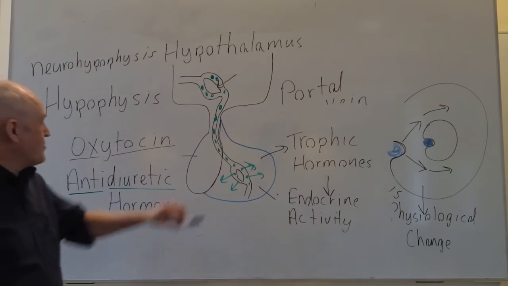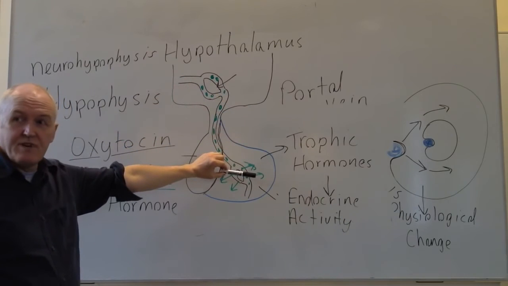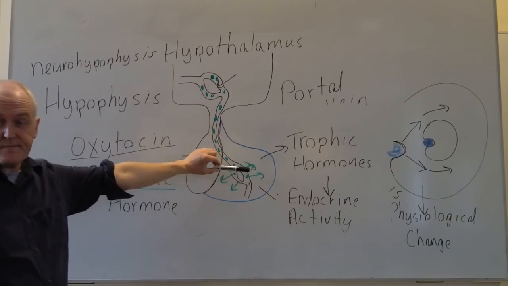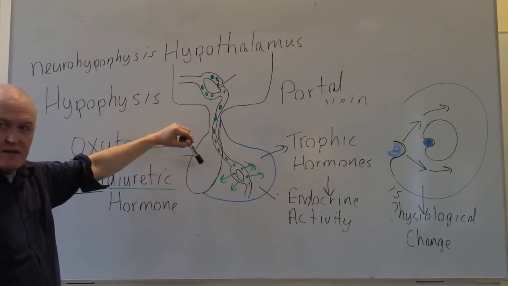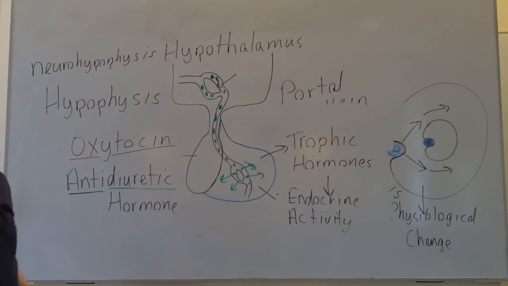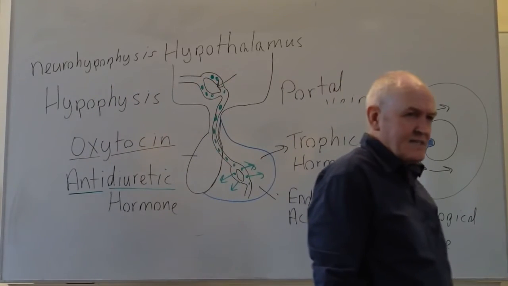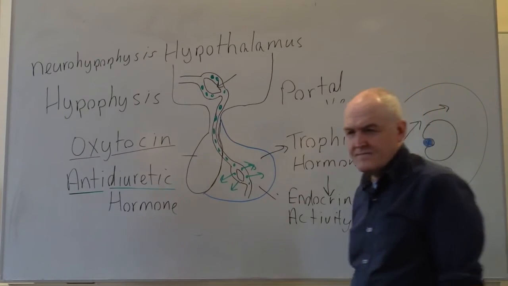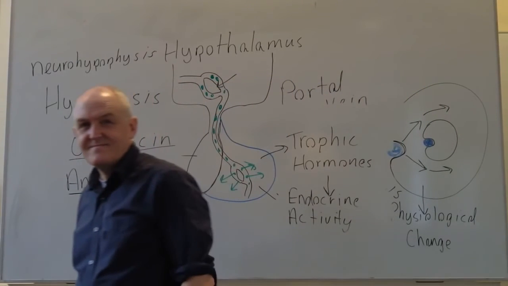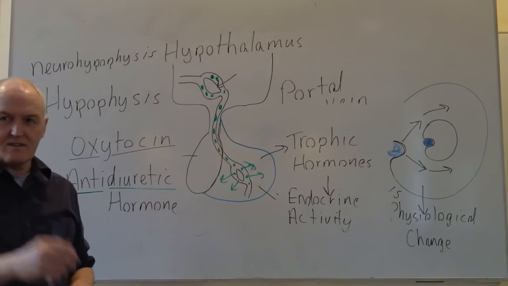And not only does the hypothalamus produce the releasing hormones that control the release of the trophic hormones, the hypothalamus also produces the posterior neurohypophysis released hormones, which is the oxytocin and the antidiuretic hormone. Amazing, isn't it? Clever hypothalamus. And it does dozens of other things as well.